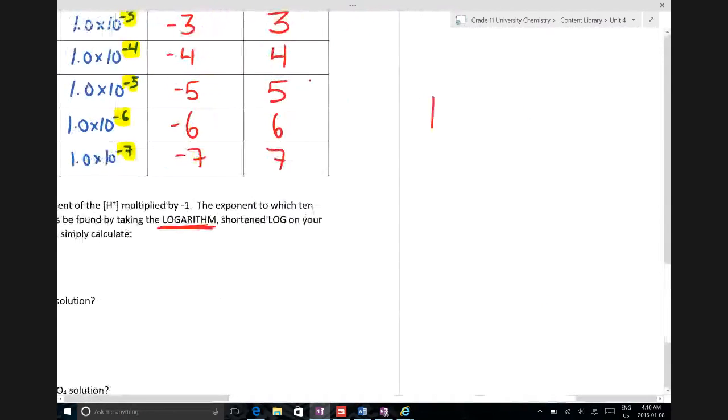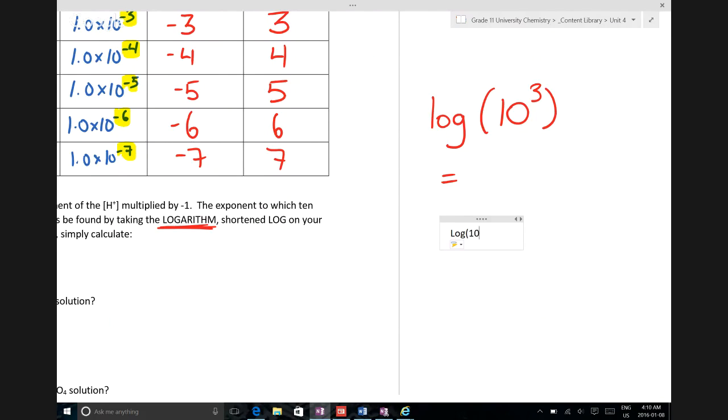If you take the log of 10 to the exponent 3 on your calculator, see what it gives you. All right, and you may never have used the log button before, but that's fine. Find it on your calculator and plug it in, just like I'm going to here. I'm going to say log 10 to the exponent 3.